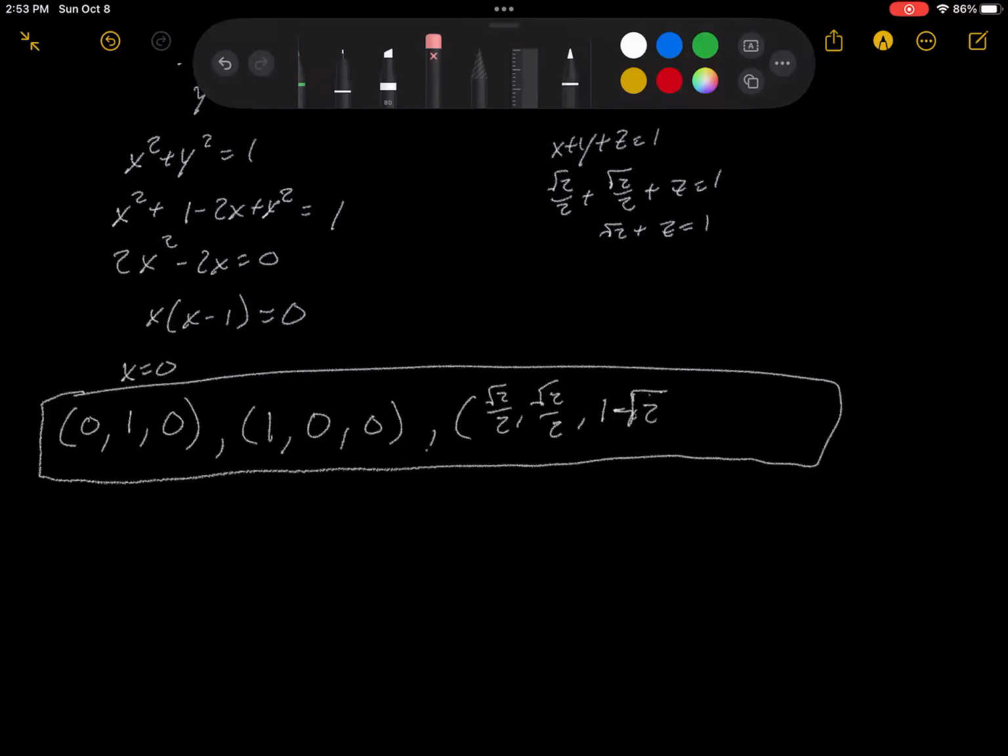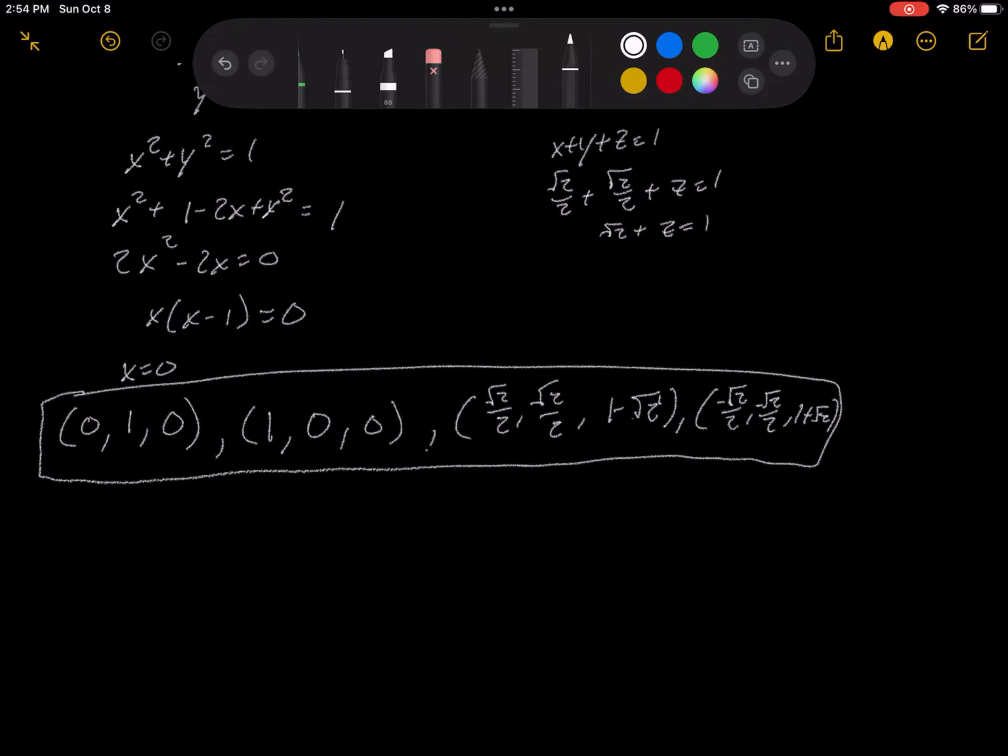Ooh, I don't like that. And you can check if x and y are negative square root 2 over 2, we get 1 plus square root 2.